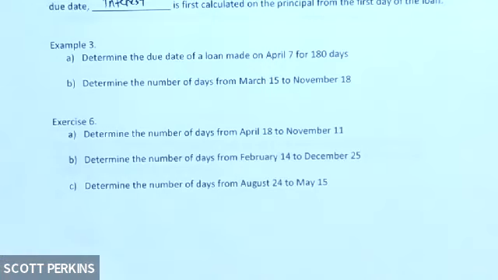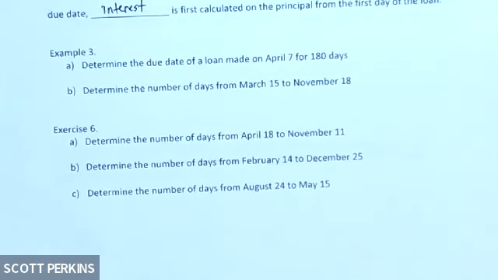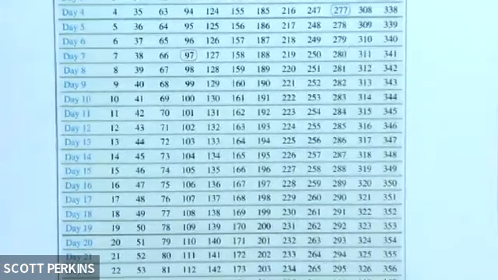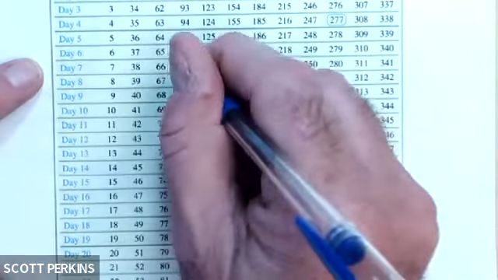So example 3, we're just going to get used to this chart before we talk about partial payments. So example 3, it says determine the due date of a loan made on April 7th if it's for 180 days. Okay, so I'm going to go over here to my page, and I see that April 7th, it's already been pre-circled for us, but I'm going to circle it again. April 7th is the 97th day of the year.